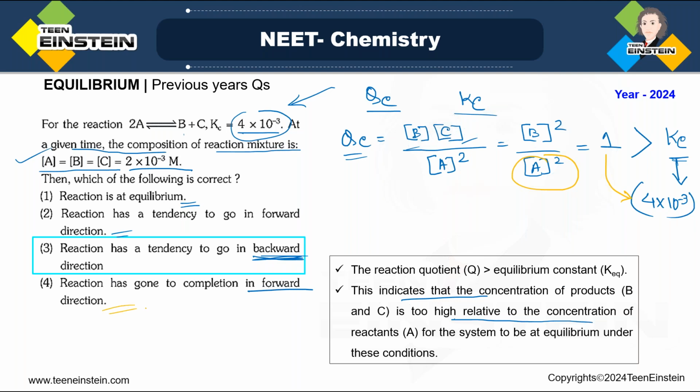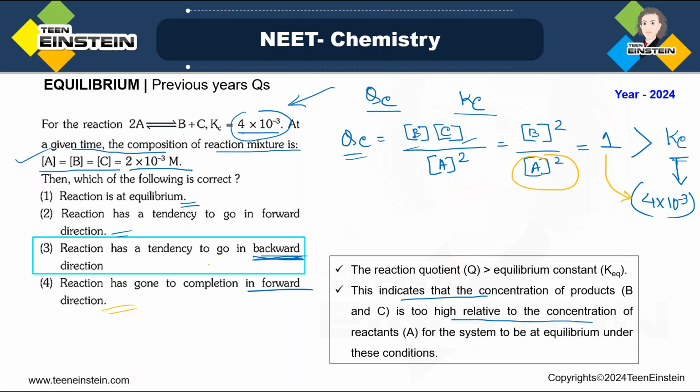For the last option, by mistake I said that it has reached equilibrium. It doesn't mean that. It actually means it has gone to completion in the forward direction, so whatever the amount of A in the medium is completely consumed and there is complete formation of B and C. That means 100% of the reaction is complete. That is the meaning of the last option.